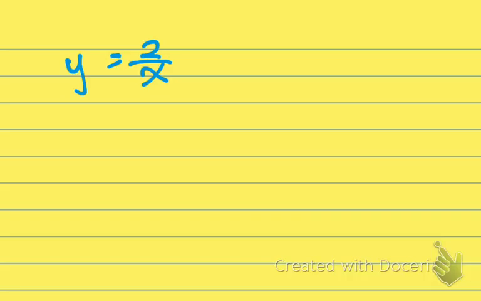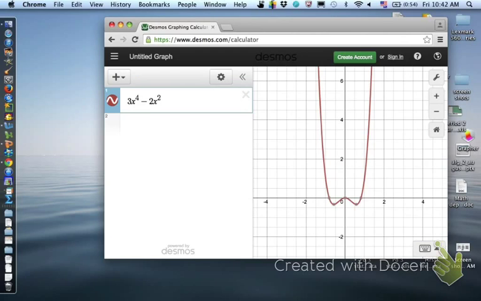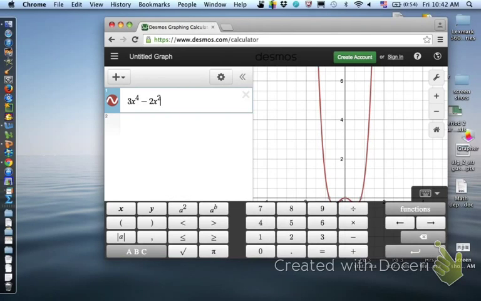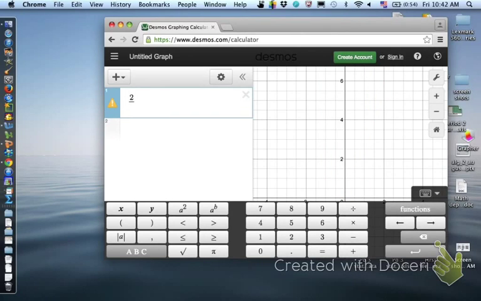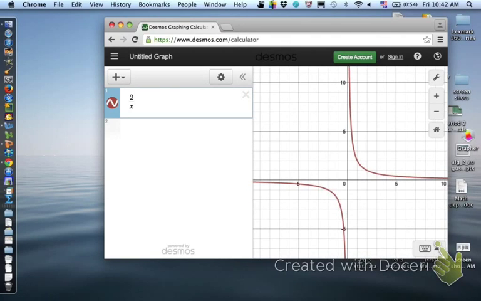That will have something to do with what we see when we take a look at the function in Desmos. So in Desmos, we're going to pull that one up. That function is 2 over x, and I think we're going to need to zoom out again to get an idea of what we're seeing.